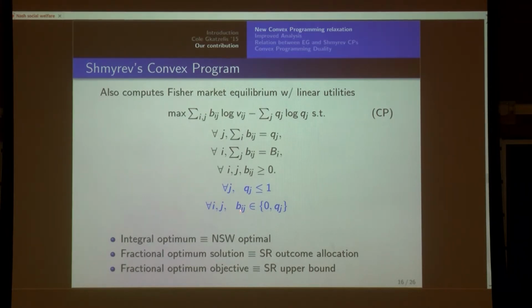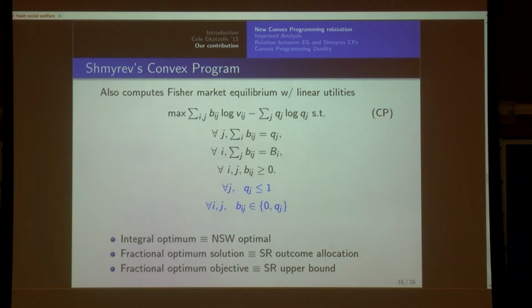And what more, now if you add these integral constraints, so these are not your standard 0-1 constraints. These are constraints that say the spend that i spends on j should be either 0 or the total spend on j. You can see that this is the same as saying that j should be allocated to only one agent. So once you add these integral constraints, you get as a solution the optimum Nash social welfare maximizing allocation.